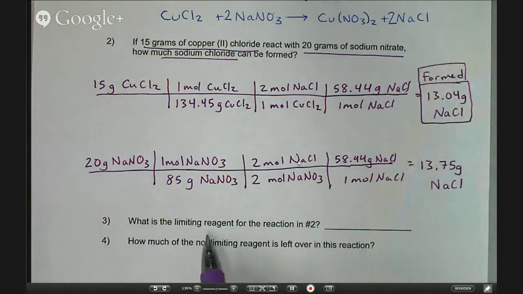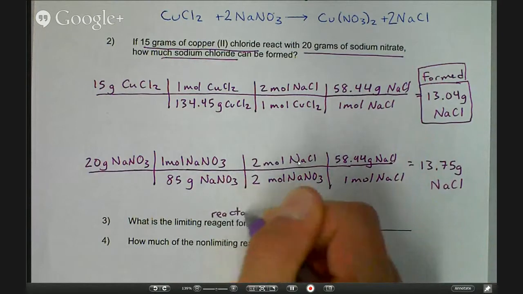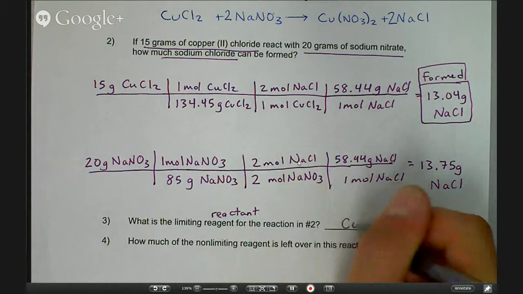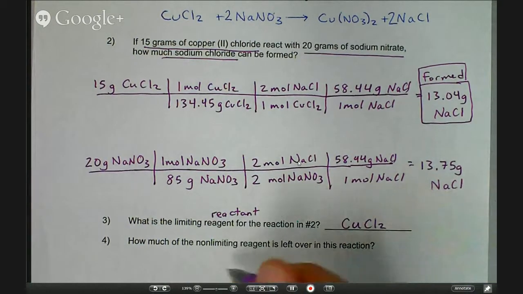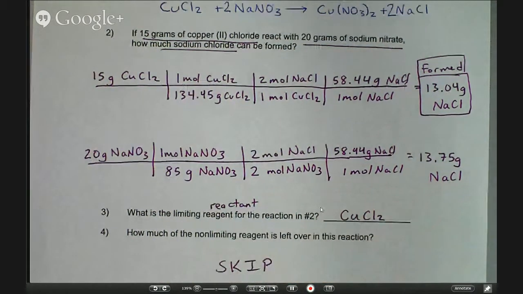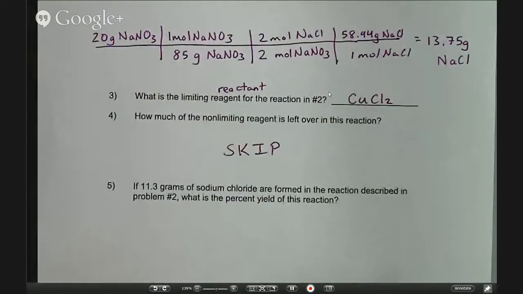Which means in number 3, our limiting reagent or limiting reactant is going to be the copper(II) chloride. I mentioned in class to skip number 4, which leads us to number 5.